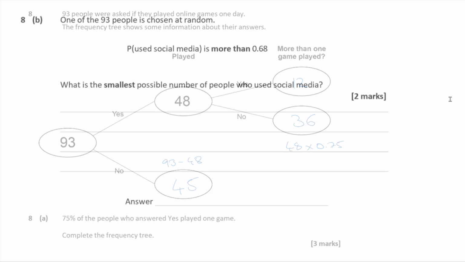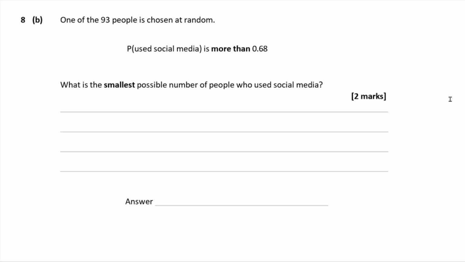Good job. Part B says one of the 93 people is chosen at random. The probability they use social media is more than 0.68. What is the smallest possible number of people who use social media? Okay, so let's say n is the number of people who use social media.